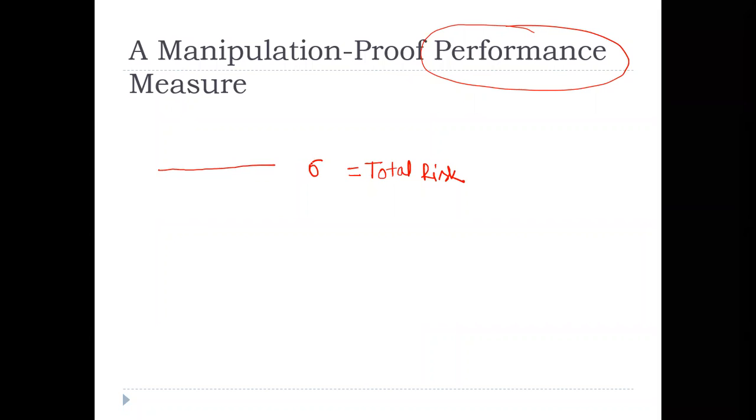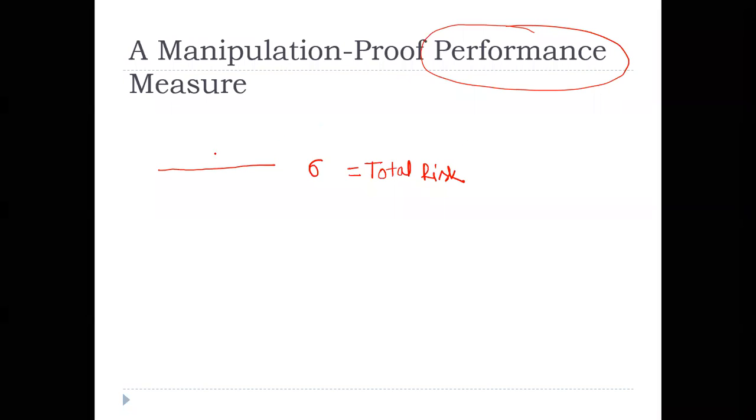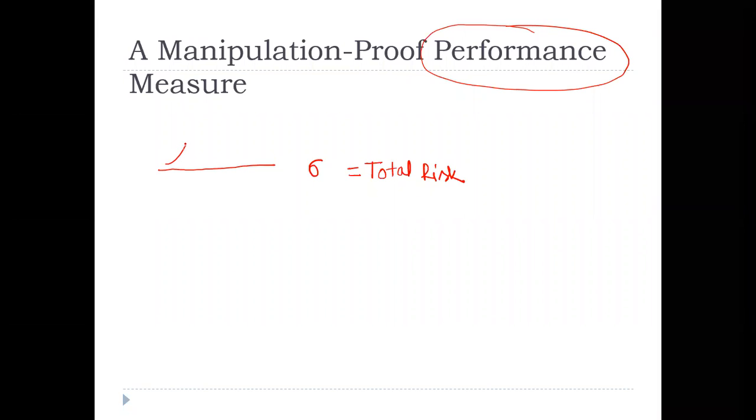When we use sigma as a measure of total risk, we need to believe that return has a symmetric distribution. So if return has a symmetric distribution, what does it mean?